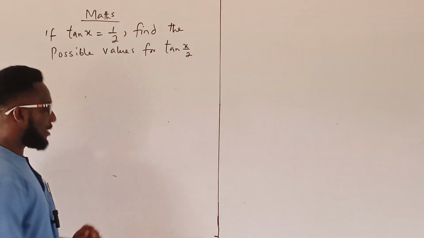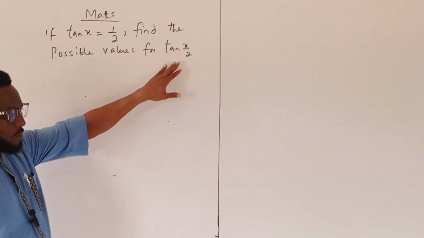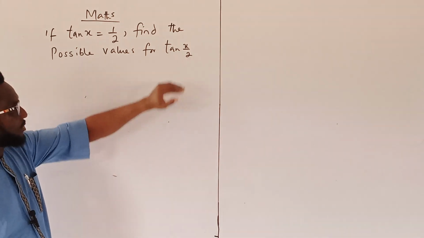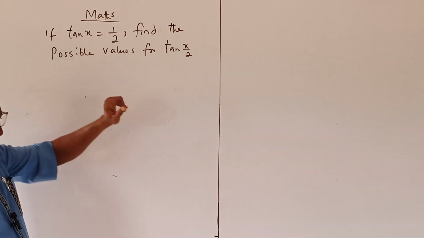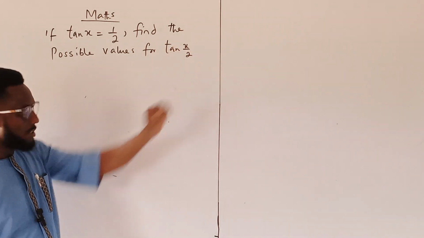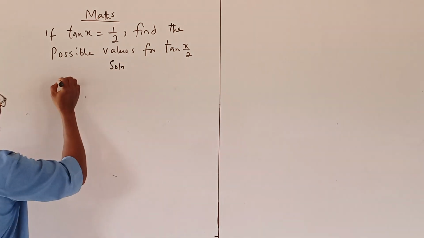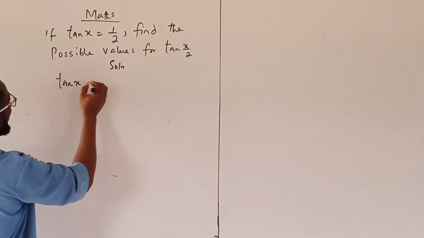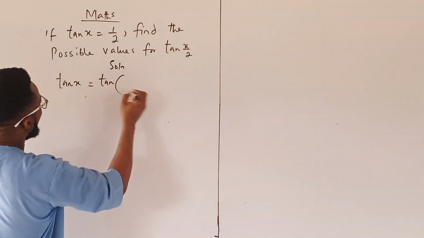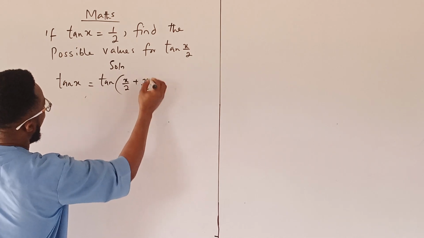So here, like I said, you look at the question very well, and what we are looking for is actually a direction. We have tan x, and we are looking for tangent of half of x. So I can write that the tangent of angle x can be split into the tangent of half of x plus half of x.